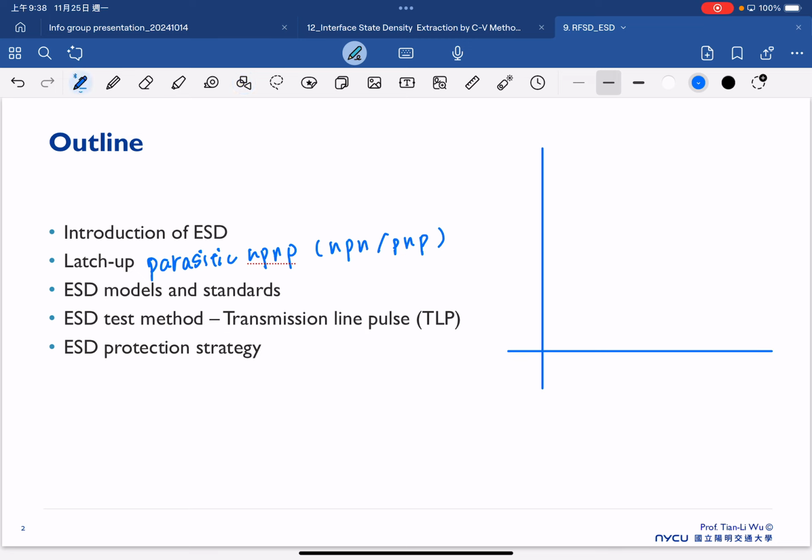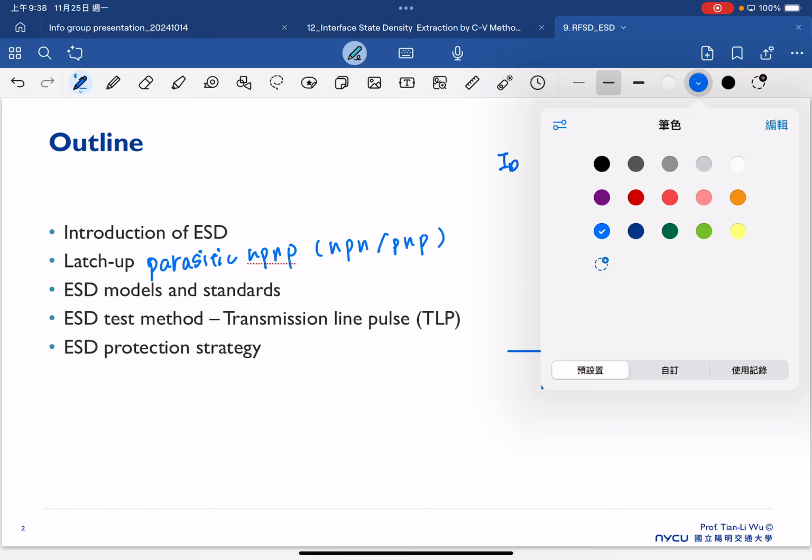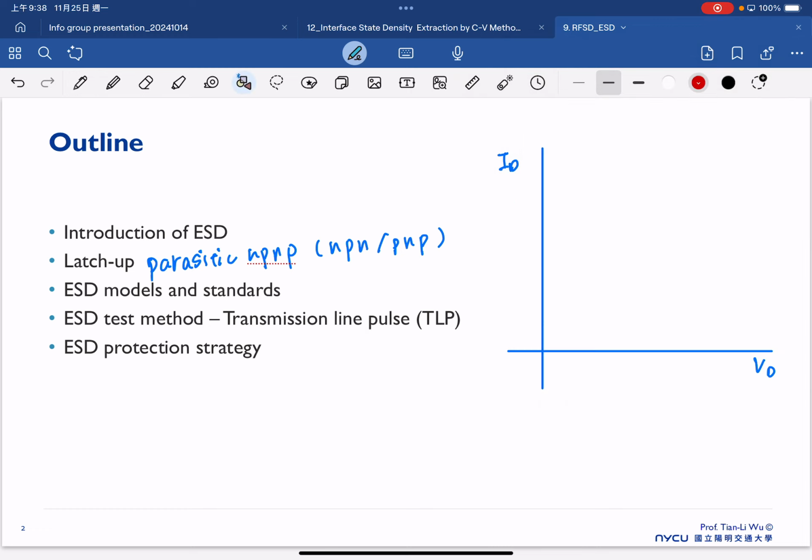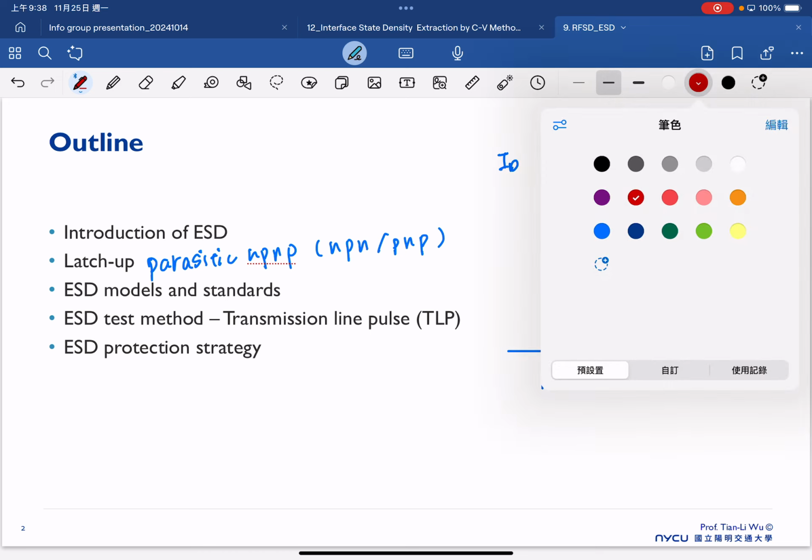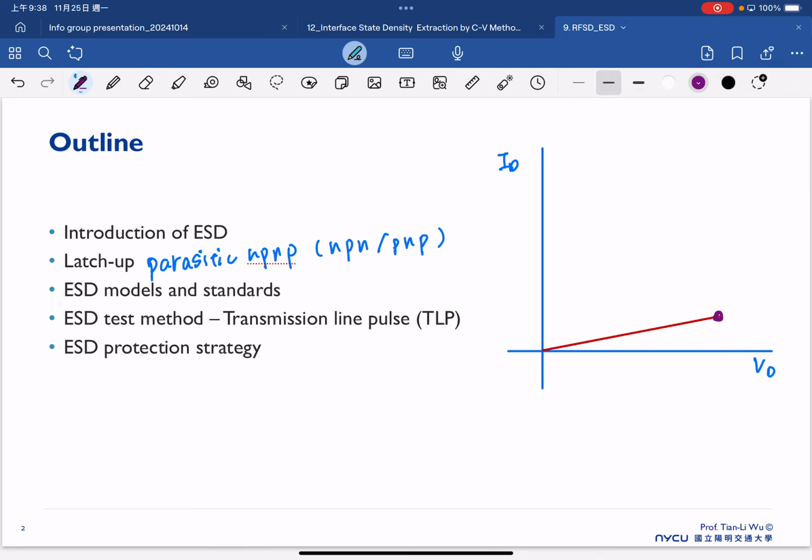So this current has such a characteristic. This is a typical IDVD characteristic. Once we increase the drain voltage to a certain voltage, there's a moment that will trigger this parasitic NPNP.